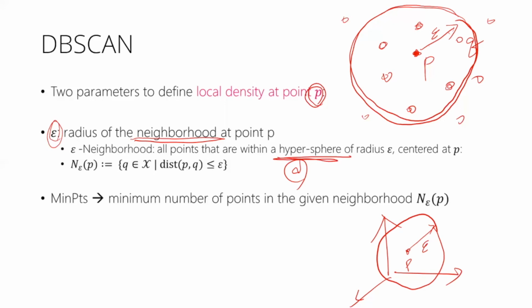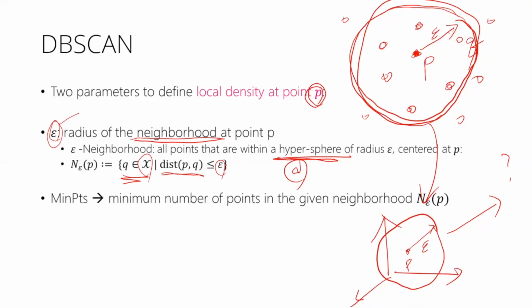For a higher dimensional space, there's no way I can visualize this, but you can use your mathematical imagination to expand the concept of circle to sphere to some higher dimensional spherical object. Still, the definition is that we're going to consider points Q in the data set X that have distance from P smaller than or equal to the radius epsilon. That's how we define the neighborhood, and epsilon is the user-defined parameter that DBSCAN asks for.